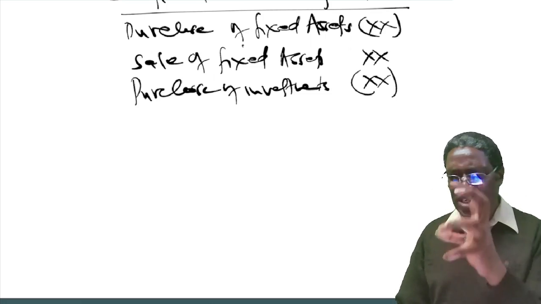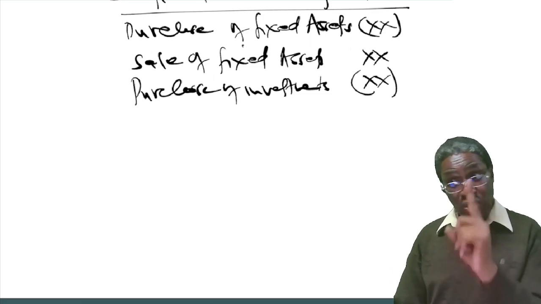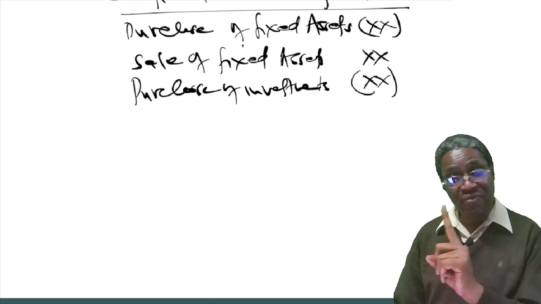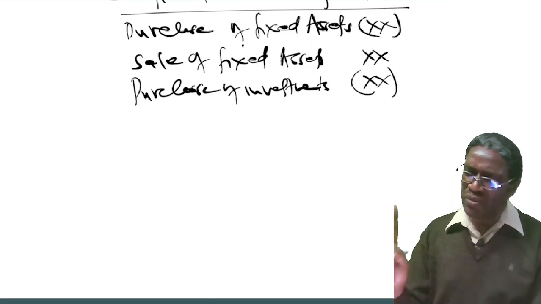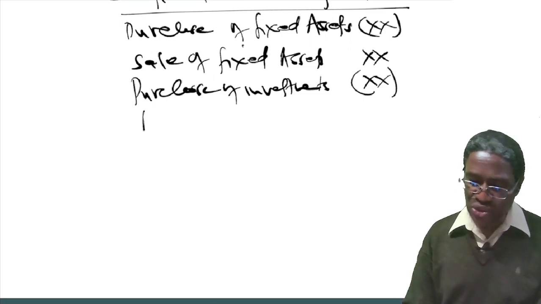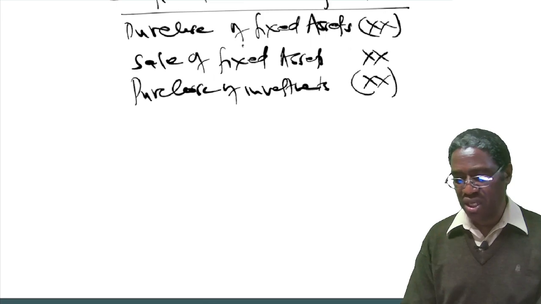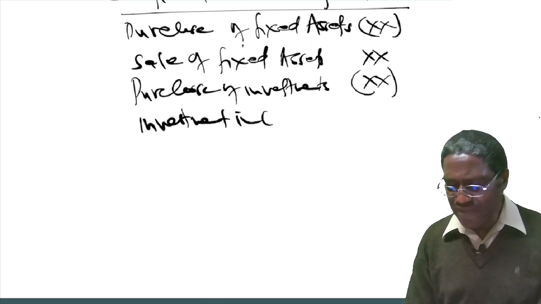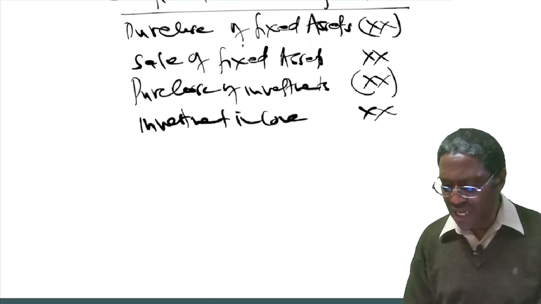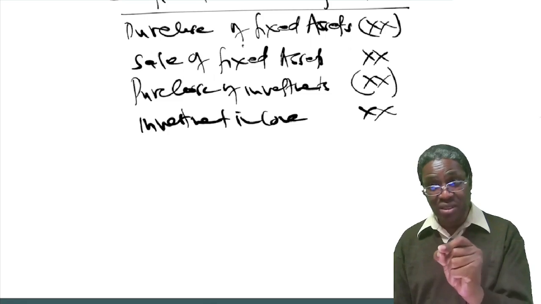So when you receive dividend income from those long-term investments, not short-term investments, that should also be classified as investment income. Any investment income should be classified as an investing activity.